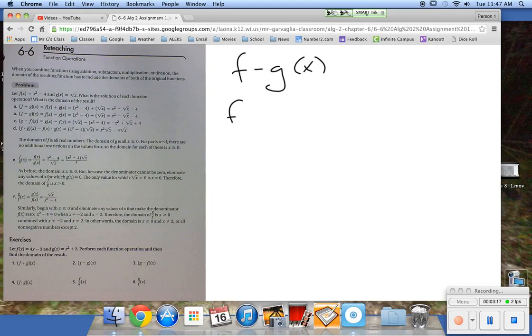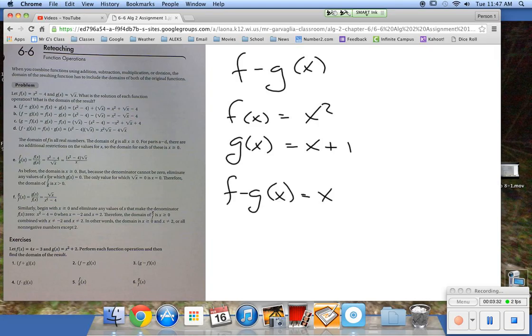So if my f of x equals x squared and my g of x equals x plus 1, I'm going to go f minus g of x equals x squared minus, now this is real important, you're subtracting x plus 1, right? So you're going to have to carry that minus sign through. Minus x minus 1.